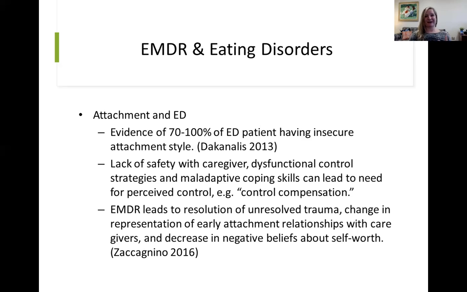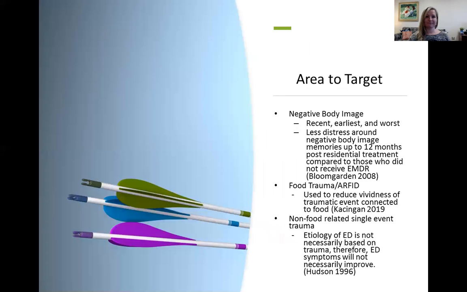But I can hold both, that they struggled in their own way too, and that they hurt me. And so being able to find that healthier view of that relationship decreases their negative beliefs about self-worth. And so EMDR really helps with restoring some of those childhood traumatic memories that really impact the brain.